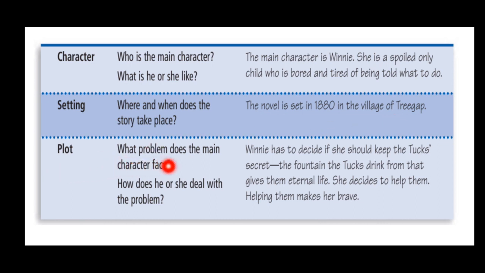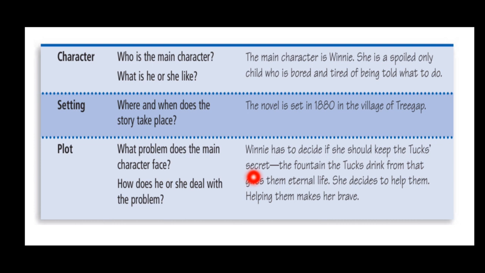Plot. What problem does the main character face? Winnie has to decide if she should keep the Tucks' secret, the fountain the Tucks drink from, which gives them eternal life. She decides to help them, and helping them makes her brave. So how does she deal with the problem? Two things are there in the plot. What problem does the main character face? Winnie has to decide if she should keep the Tucks' secret.